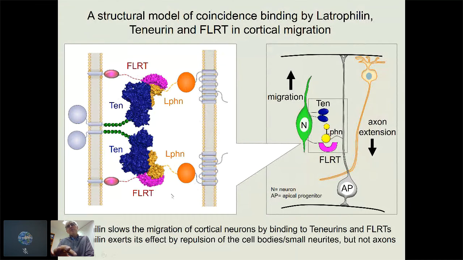What is interesting, we think, is that we see a repulsive event when these three proteins come together, and this may be due to the fact that we're looking at signaling in the cell bodies and small neurites and not in the axons, while of course synapse formation happens in the distal axon.